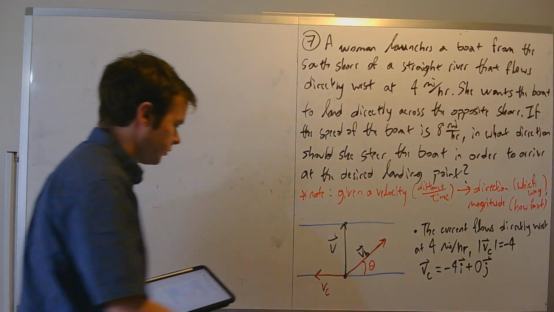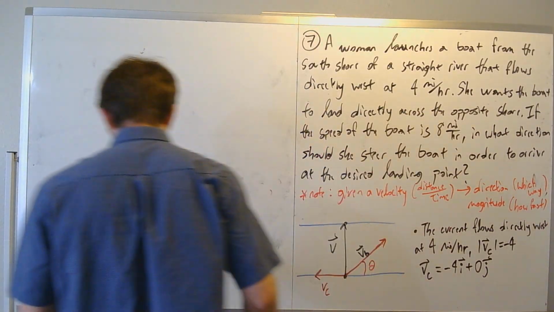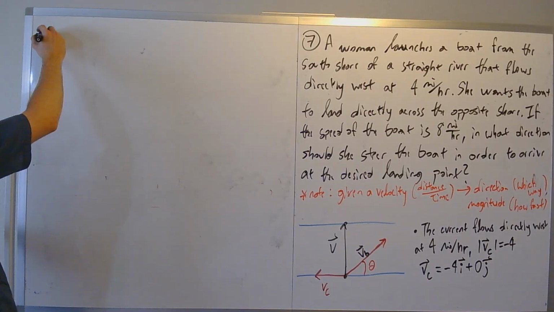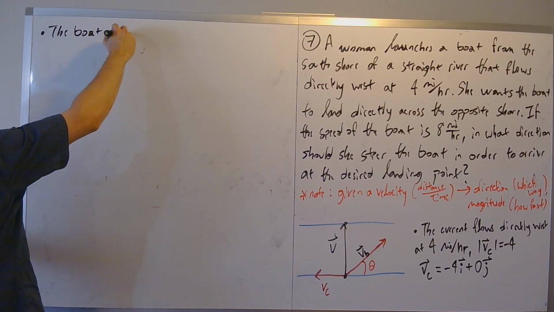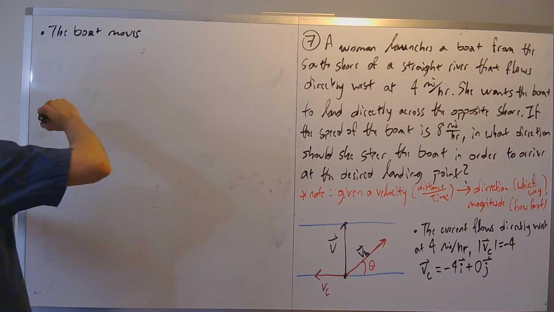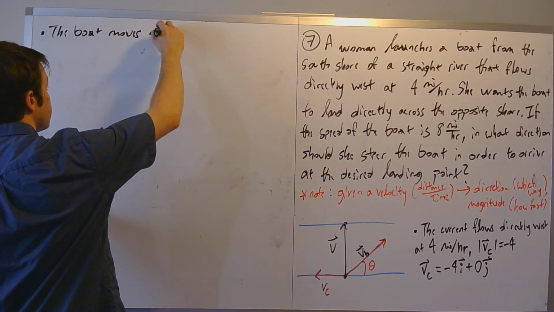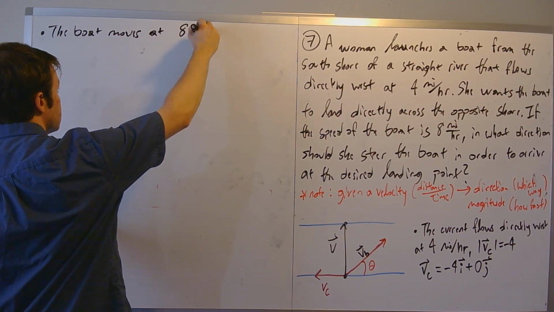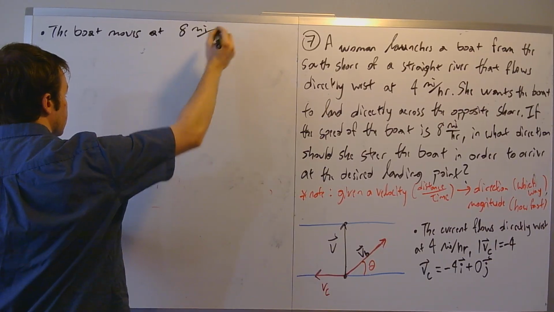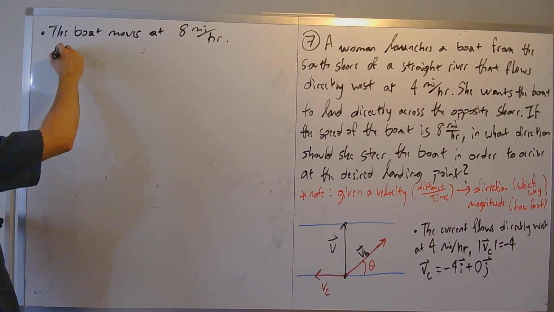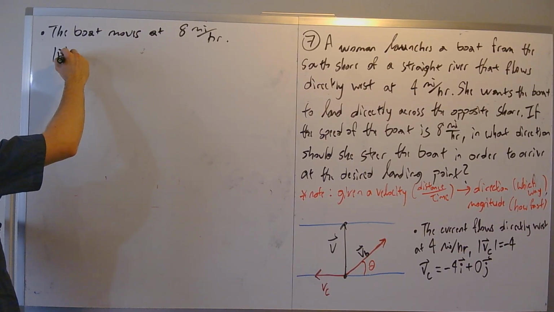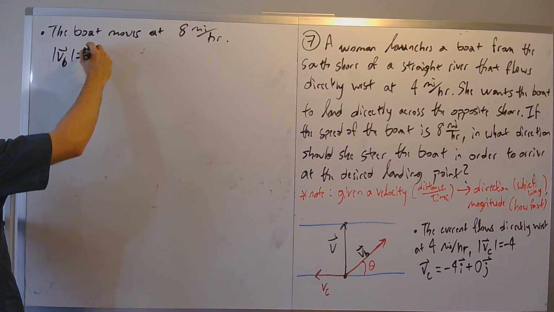So let me get this. The boat moves at, we said the speed was 8 miles per hour. So the magnitude of the boat's velocity is going to be 8.